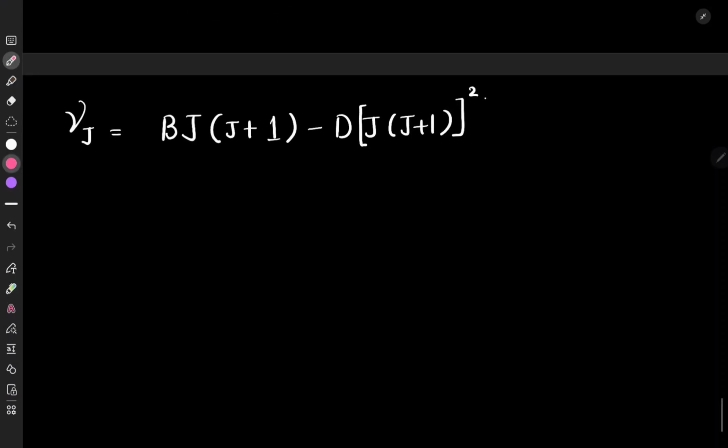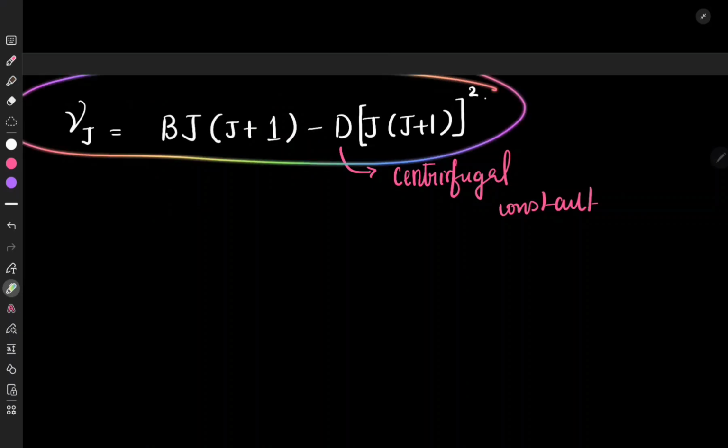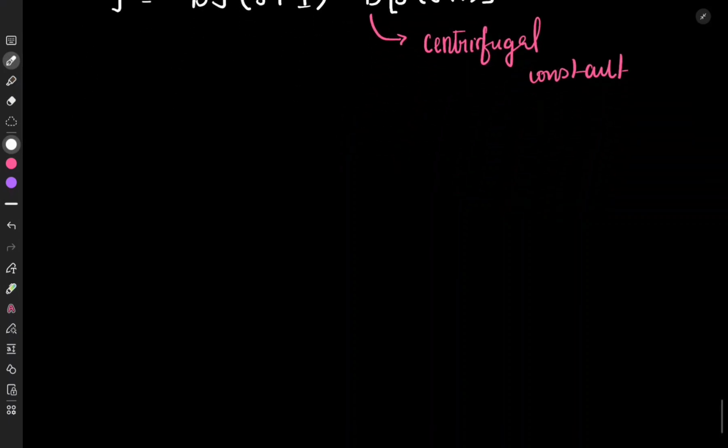The D here is nothing but the centrifugal constant. The first term was for the rigid rotor model, and this whole thing is for the non-rigid rotor model. Okay, so let's understand the origin of this equation.